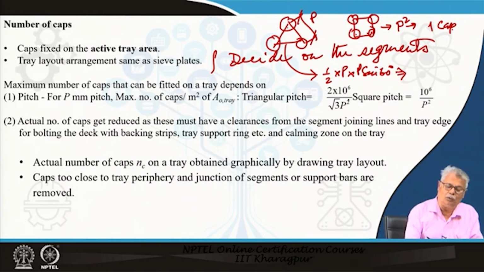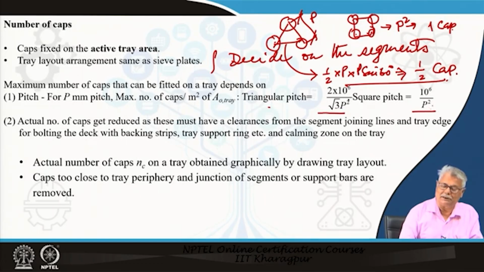This contains 1/3, 1/6, 1/6, that means half a cap. So the formulas for the number of caps per meter square for the triangular pitch and the square pitch are derived from this geometric analysis.